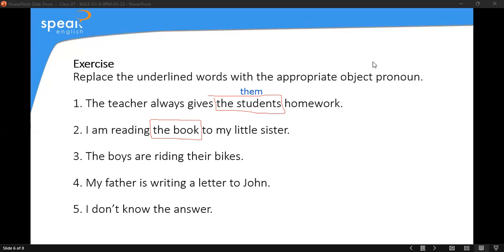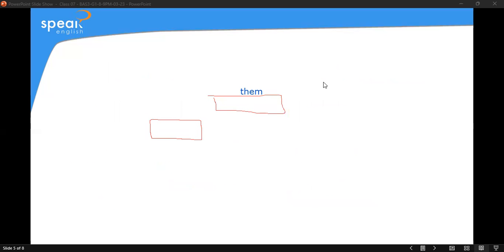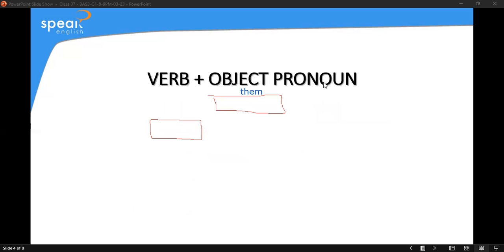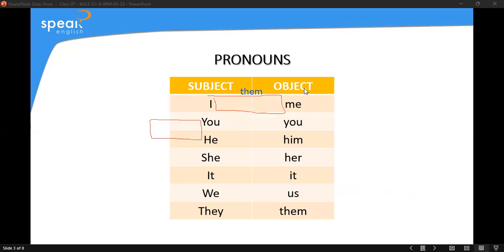Let's go back. If we are talking about the book, what do you think is the object pronoun that I can use for the book? Here you have the options: me, you, him, her, it, us, them. What is the object pronoun for the book? Us is for we. Do you consider that we is the book?